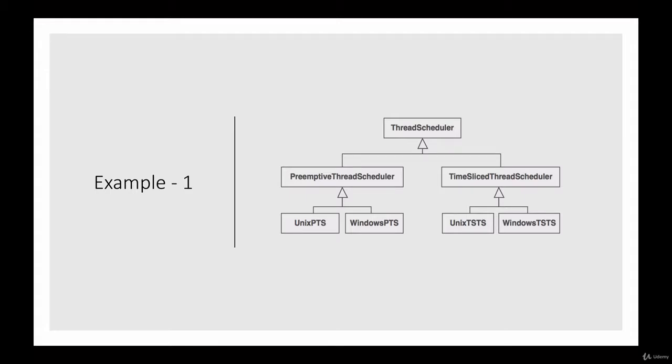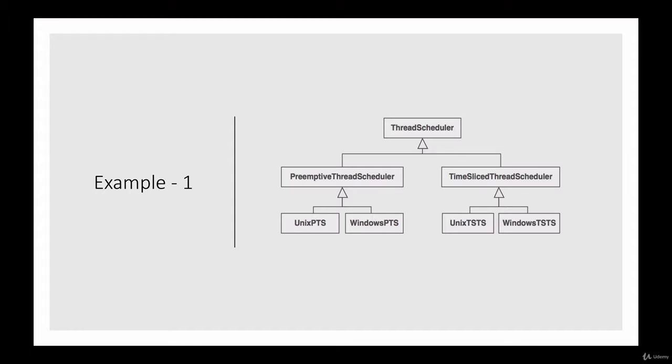In this example, what we have is a thread scheduler, which is an abstract thread scheduler which has some extensions, a preemptive thread scheduler and a time sliced thread scheduler. Now let's say each thread scheduler again has a platform specific behavior.